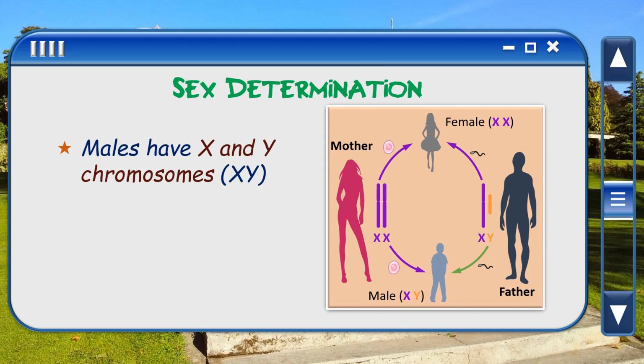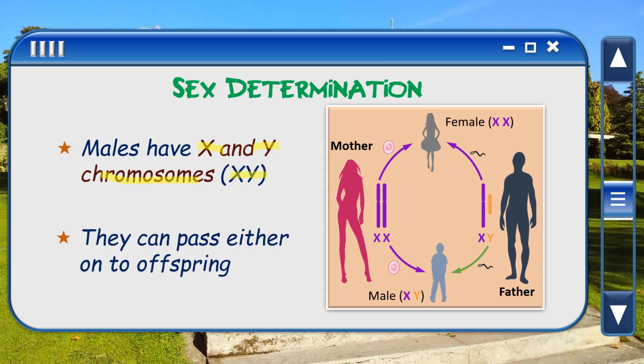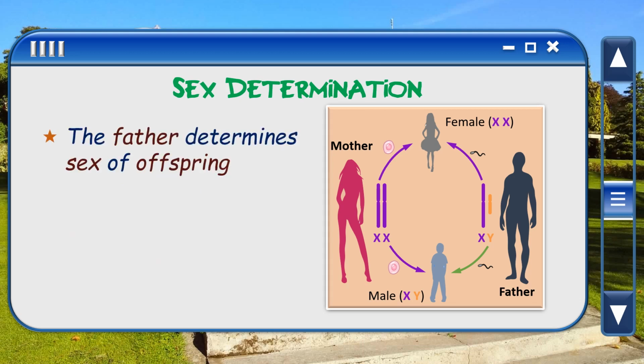The males have X and Y chromosomes, so they have XY. That means that they can pass either X or Y to their offspring. The father is the one that determines the sex of the offspring.